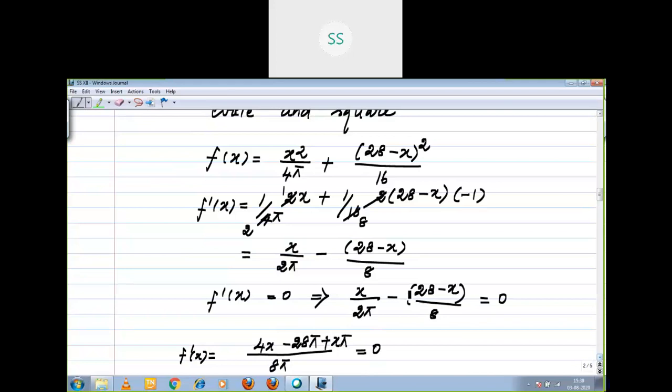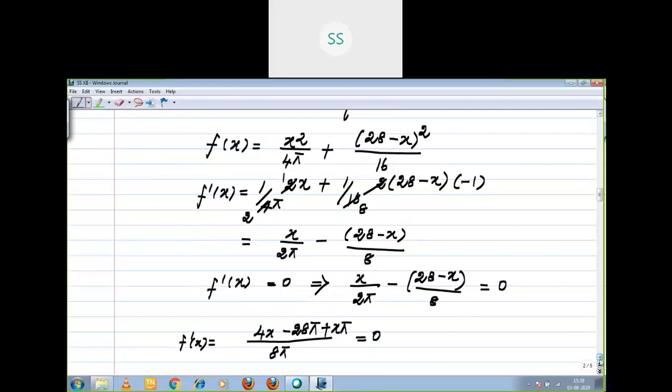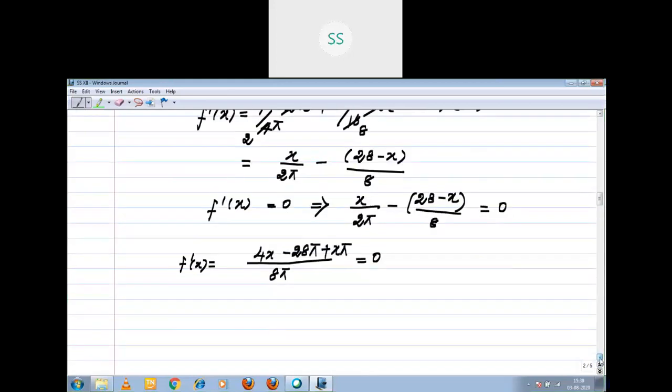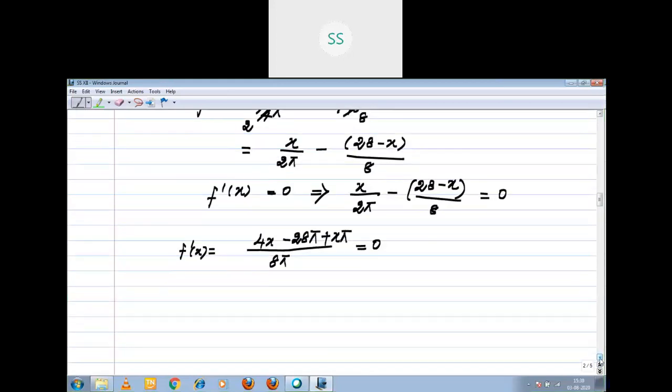Yeah. Now, the next step is, you are going to compare the things which are common. Now, 4x minus 28 pi plus x pi equal to 0.